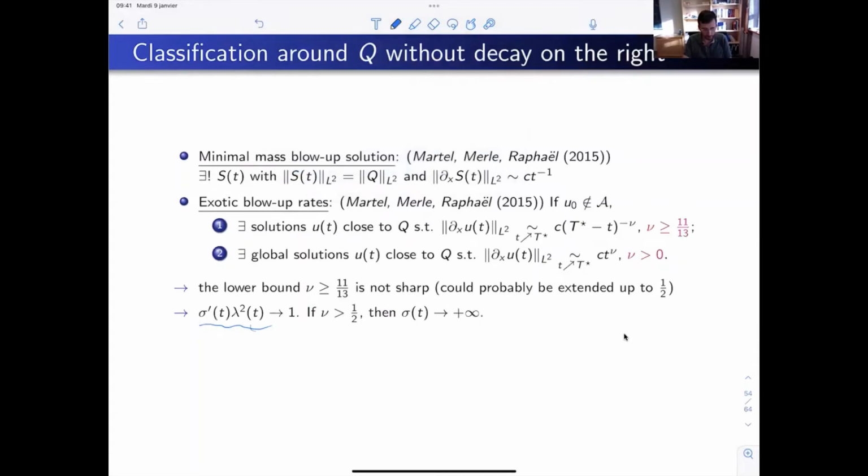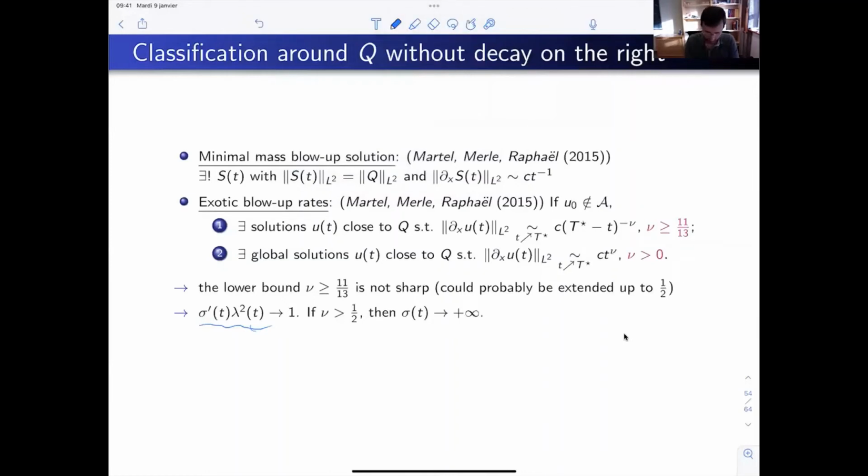Then if you look at a blow-up rate as a power, you will easily find that if the blow-up rate is larger than 1/2, then the blow-up point is going to infinity. So it seems that the techniques they have used to find 11 over 13 could be somehow refined up to 1/2, but definitely not below.